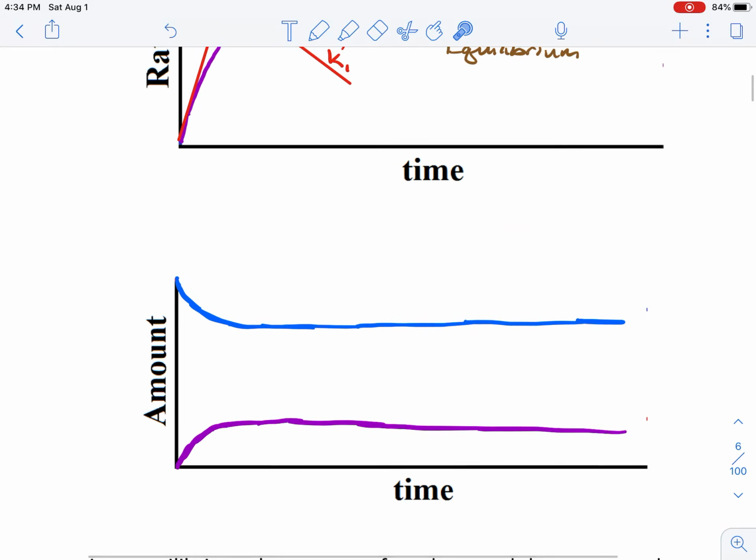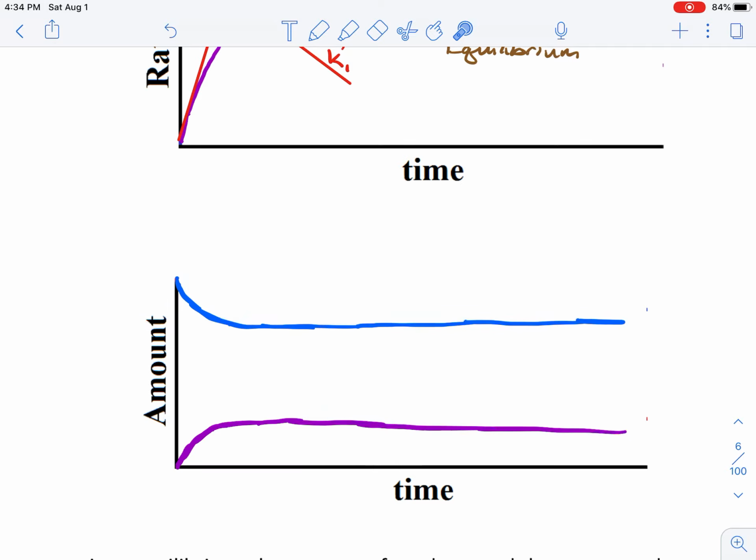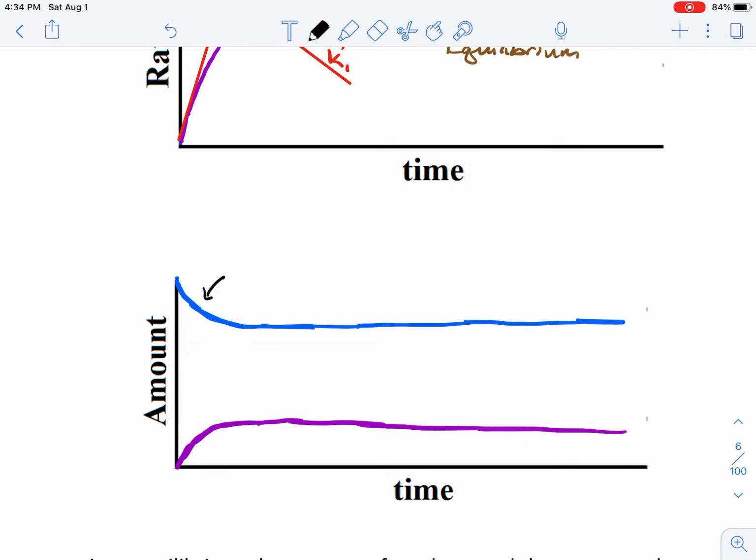And so to represent that on a graph, we're going to make sure that the amount of reactants at equilibrium is much higher than the amount of products at equilibrium. Okay, so once again, this blue line is representing the amount of reactants, and this purple line is representing the amount of products.